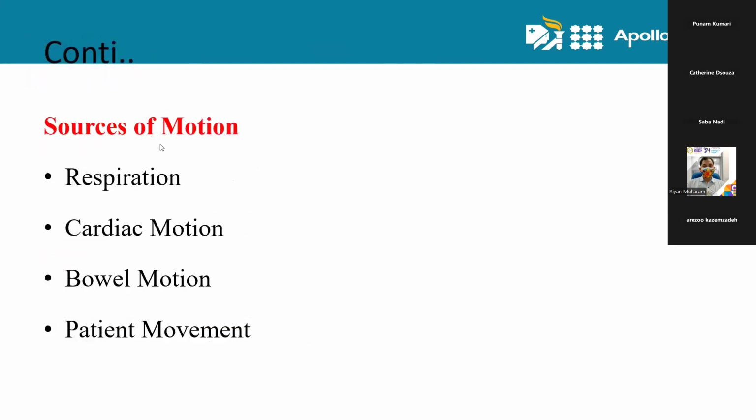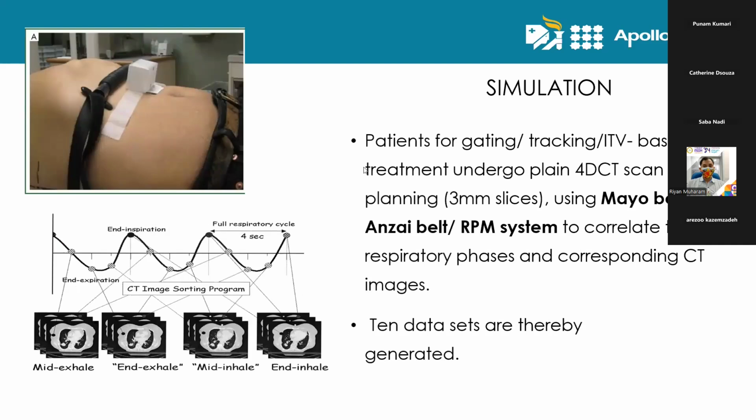Real-time ART continuously monitors the sources of motion, respiration, cardiac motion, bowel motion, and the patient's movement, to adjust the treatment to maintain precise targeting while protecting the healthy tissues. In real-time adaptive radiotherapy, the patient first undergoes CT simulation and treatment planning.